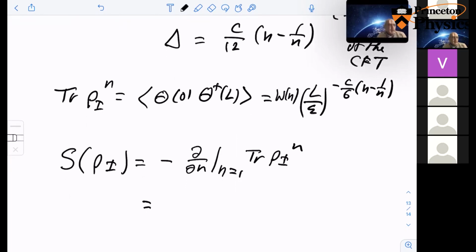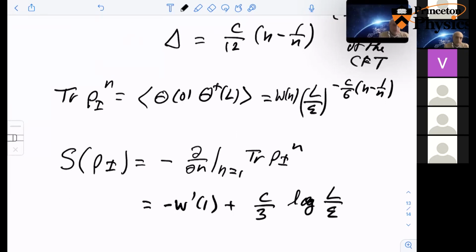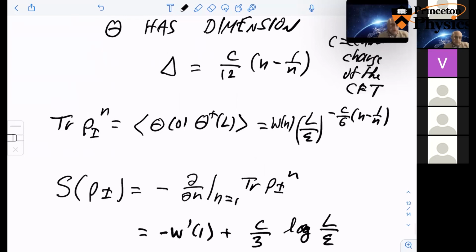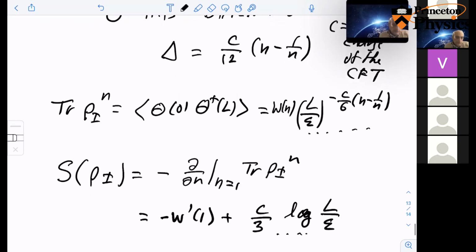Then if you calculate the entropy from this formula, you'll get a constant minus W prime of 1 plus C over 3 times the logarithm of L over epsilon. So this bit will come by differentiating this thing with respect to n. And this will come by differentiating the normalization constant W of n.